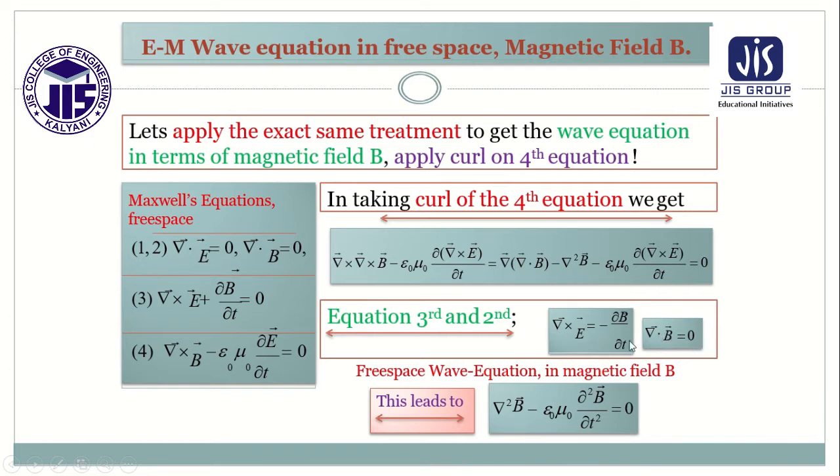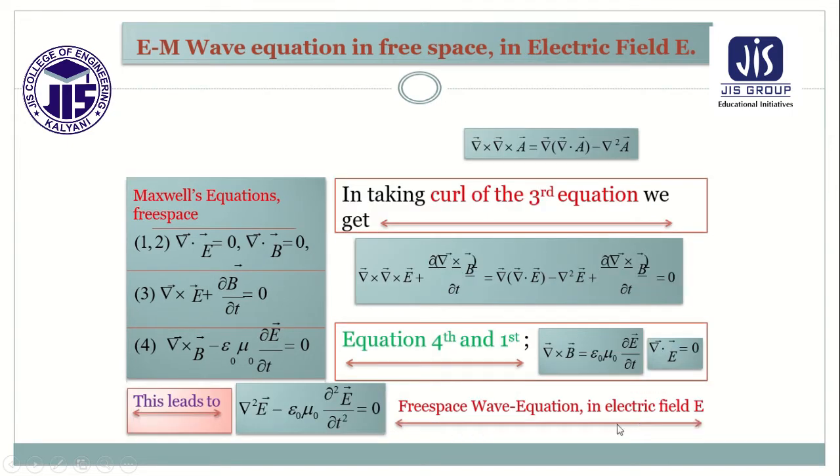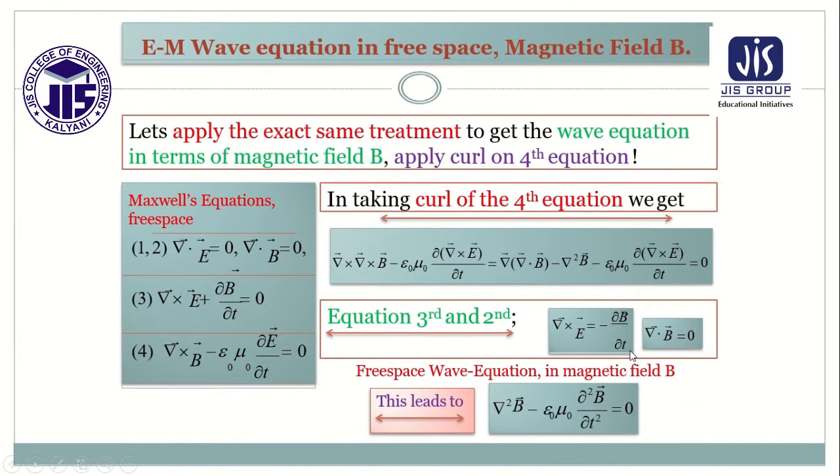If we apply these two equations, finally we get nabla square B minus epsilon naught mu naught del square B del T square equal to 0. If we check both slides, both derivations have the same method.